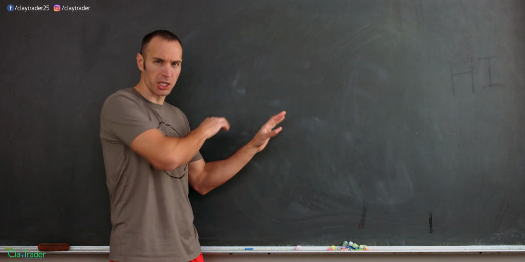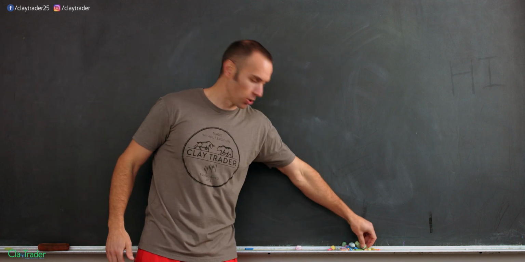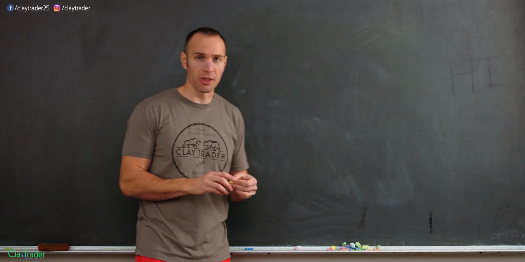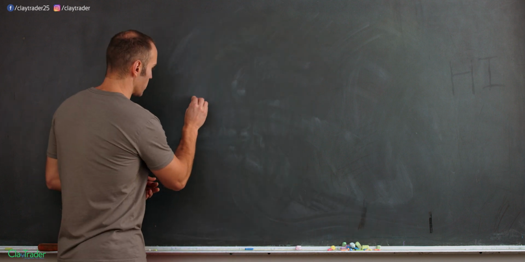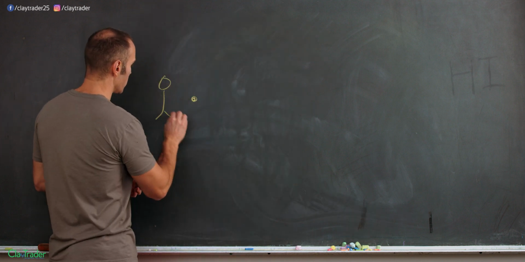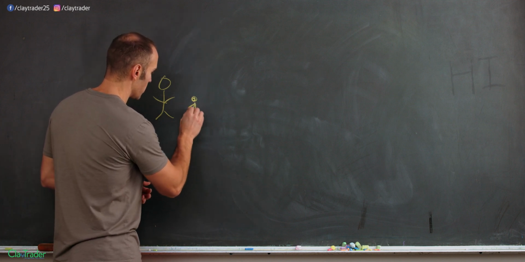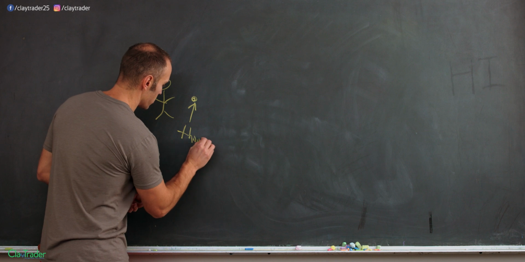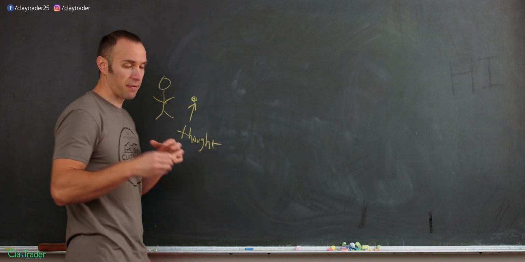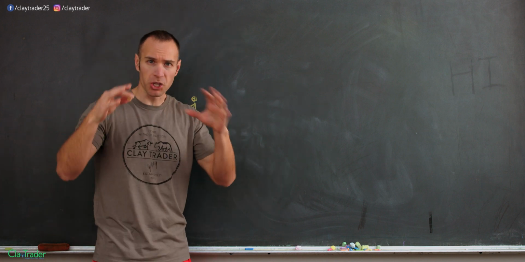And I'm not trying to insult your intelligence with this first part, but just to set up a little context about how the market works: you're right here, and right there is going to be a thought. So you have a thought about a trade or something you want to do.